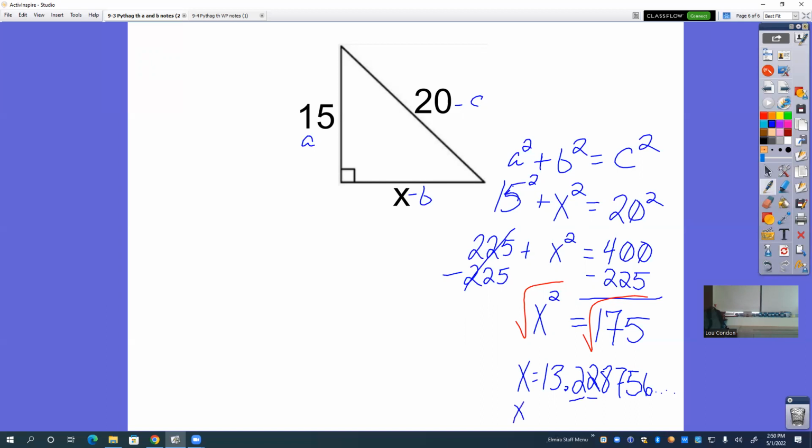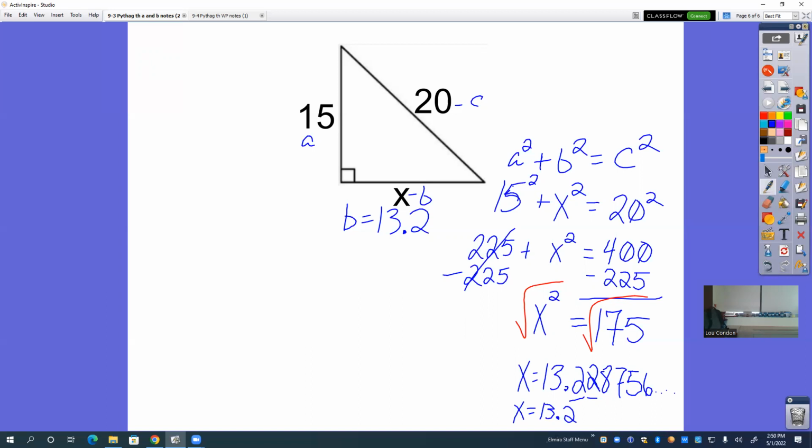So x equals 13.2, which means that b equals 13.2.